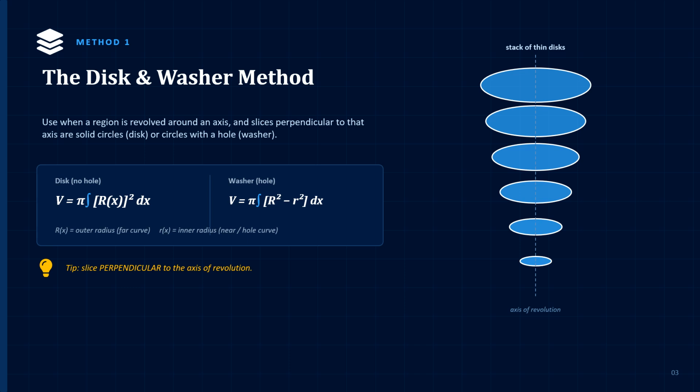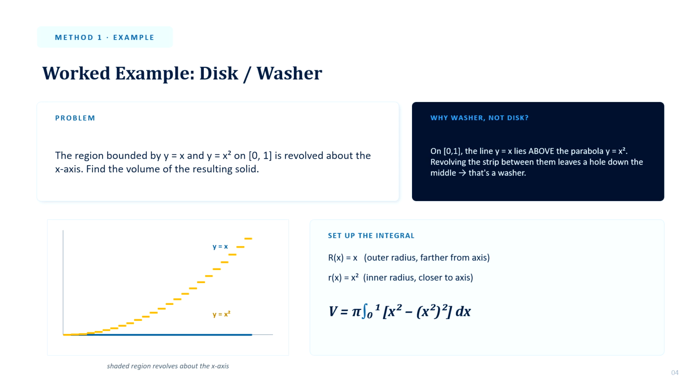If the region touches the axis, you get a solid disk, and if there's a gap between the region and the axis, you get a washer, a circle with a small hole. And you subtract the inner radius squared from the outer radius squared. The key formula is basically V equals pi times the integral of r squared, or R squared minus r squared for a washer. Here's our first example.